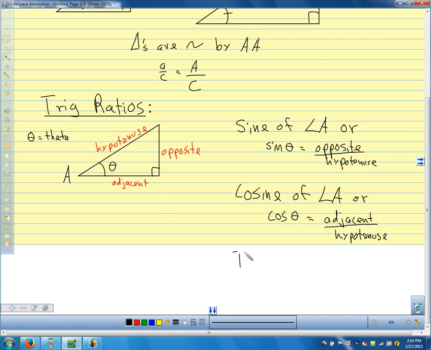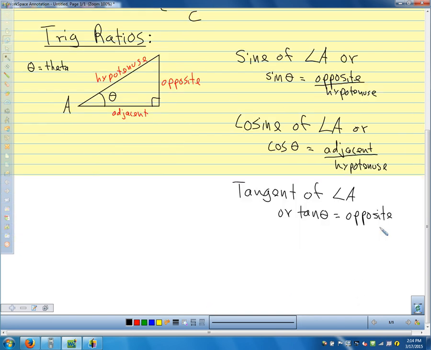And then our third one, tangent of angle A, or tangent theta, is the opposite over the adjacent. And that's all we're doing with trigonometry. And with that idea, we can do a lot of things.